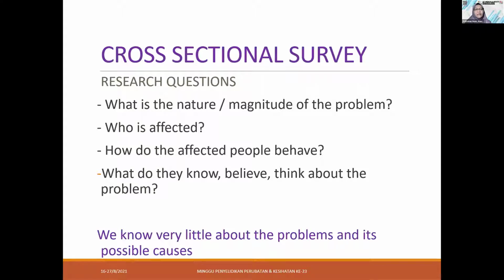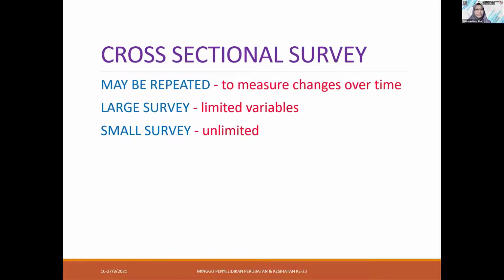So we know very little about the problems and their possible causes because it's more of association. It may be repeated to measure changes over time, and it can be used to survey large populations. However, usually it involves limited variables, and for a small survey, it is actually unlimited.